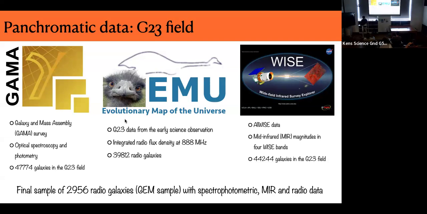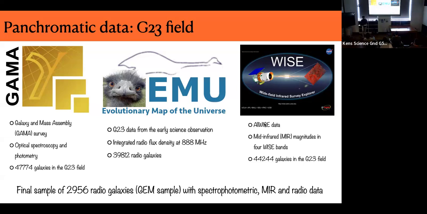And this field is also observed by the EMU survey, in the early science observations. That catalog gives the integrated radio flux density, so the entire radio emission from the host galaxy, or any jets or lobes if there are any. So that is the integrated flux density at 888 megahertz. I also took the mid-infrared magnitudes from the WISE survey, the AllWISE catalog.